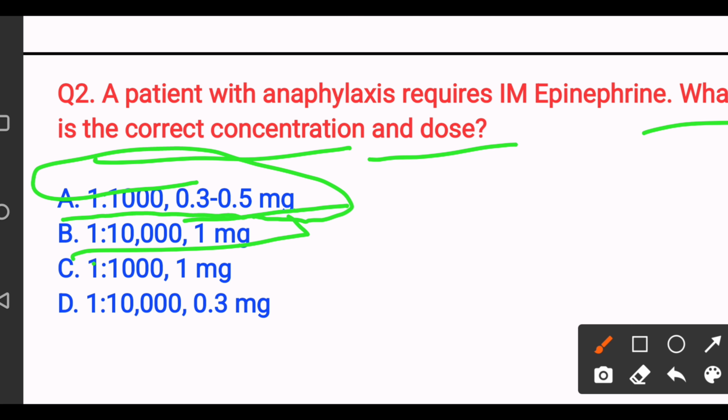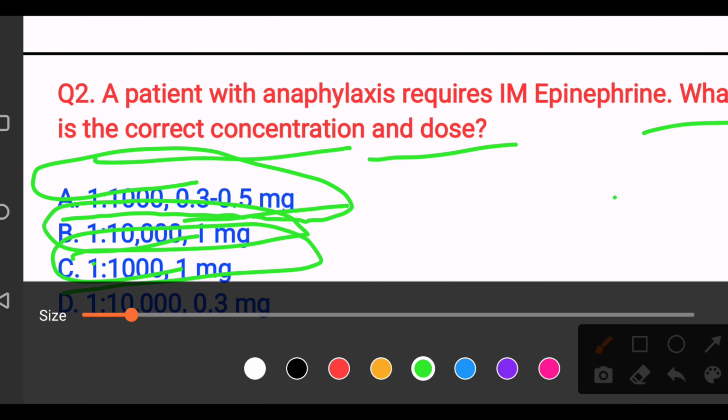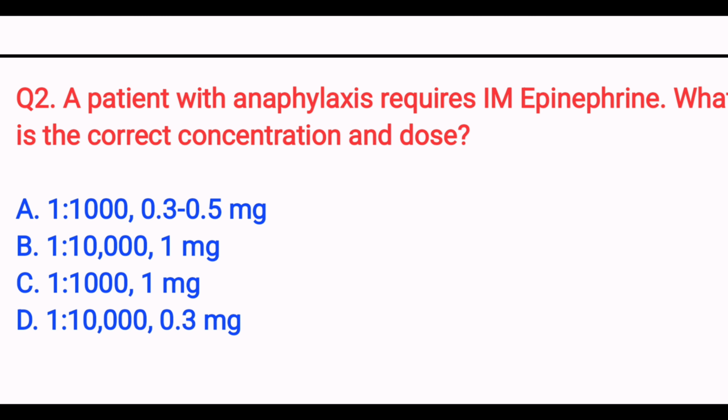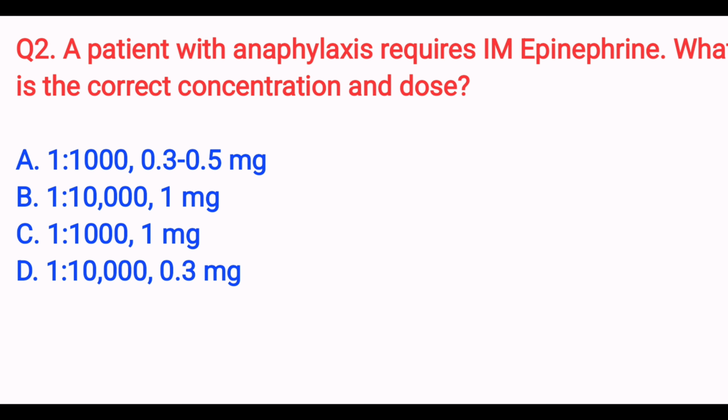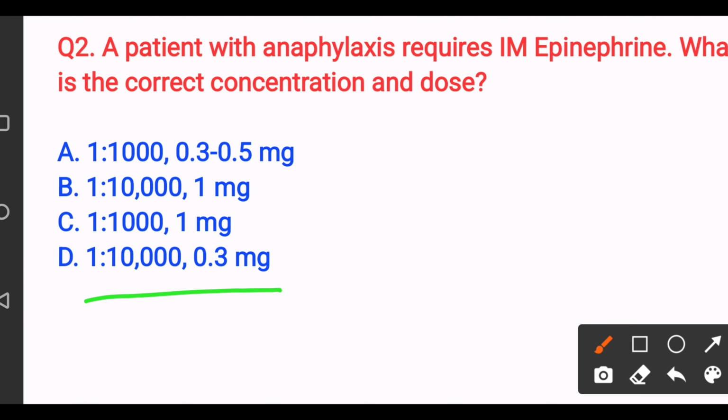Option B 1:10,000, 1 mg. Option C 1:10,000, 1 mg. Option D 1:1 lakh, 0.3 mg.